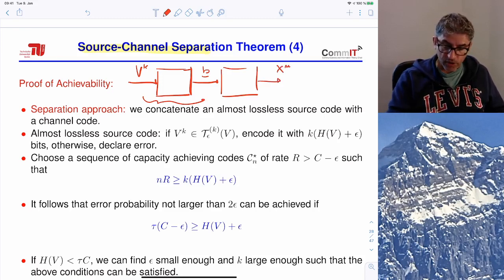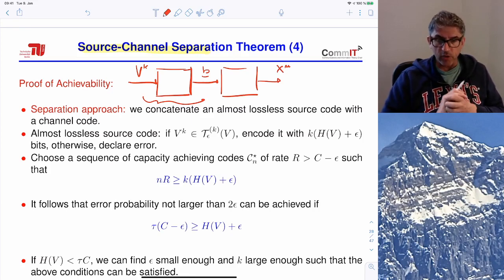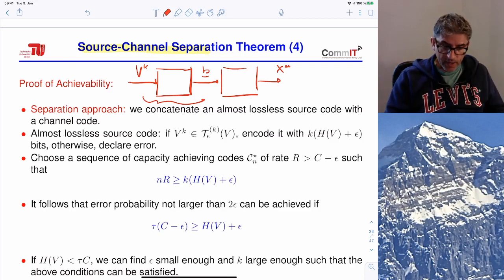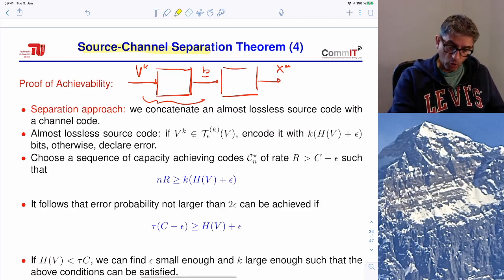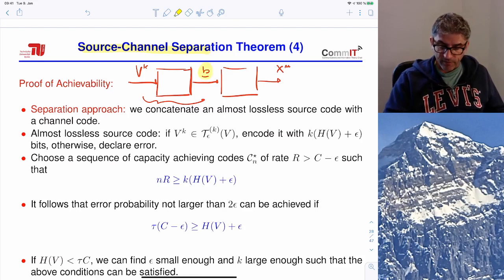At the receiver, we first decode the binary messages and then map back the binary messages into source sequences. So basically we create the source channel code by composing a data compression code for the source and a channel code that works for generic messages. So we need a fixed-to-fixed almost lossless compression because B has to be a message of a fixed length, because otherwise, if it is of variable length, we don't know how to do the decoding here.